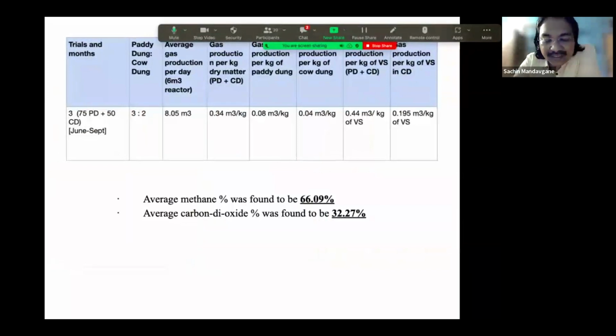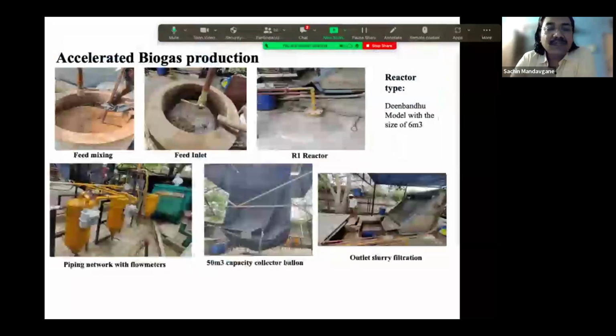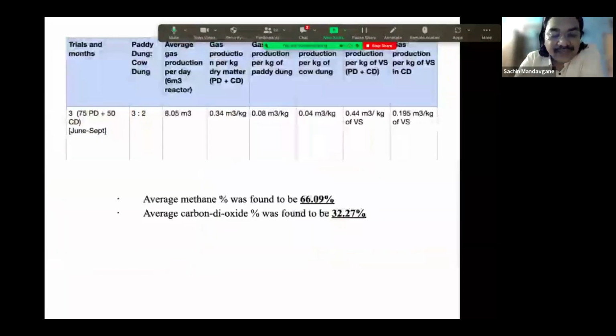The interesting part is, if I feed 100 kgs of cow dung, I would get 4 meter cube of gas. Now, this reactor is 6 meter cube, a relatively good size industrial reactor. We are feeding 125 kgs of a paddy dung and cow dung combination.